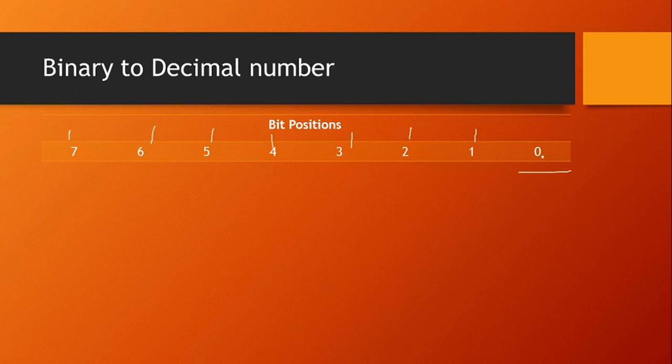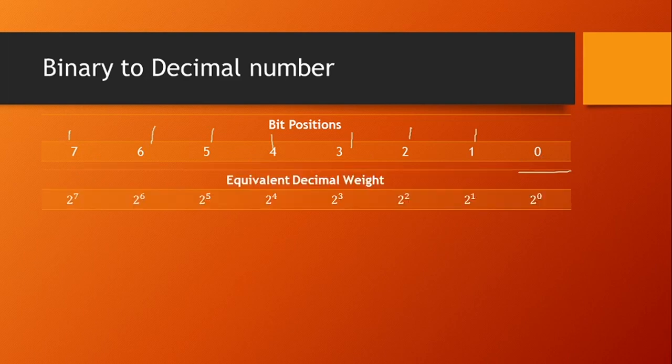These are the binary numbers, or bit positions. What is their equivalent decimal weight with respect to position? For a decimal number, the weights from right to left are 10 to the power 0, 10 to the power 1, 2, 3 and so on. In the same way, binary has the base 2, so we can write the radix as 2 to the power 0, 2 to the power 1, 2 to the power 2, 2 to the power 3, 2 to the power 4 and so on.